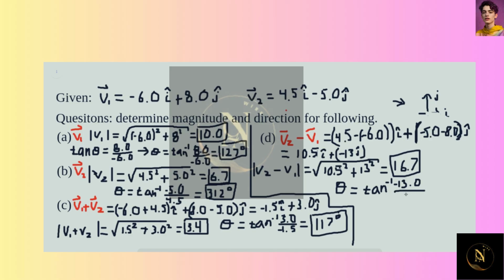And the adjacent was 10.5. Okay. And this comes out to be 309 degrees. All right. Box it in as our direction for part D.